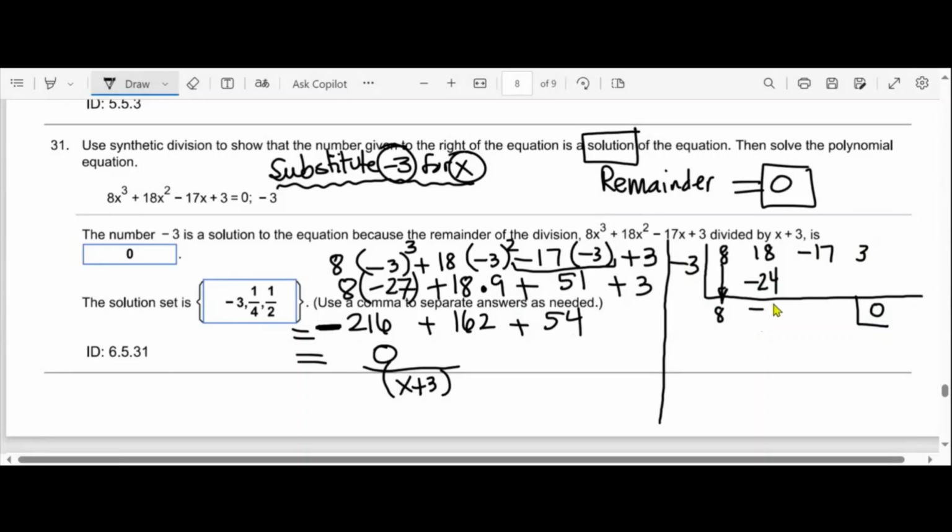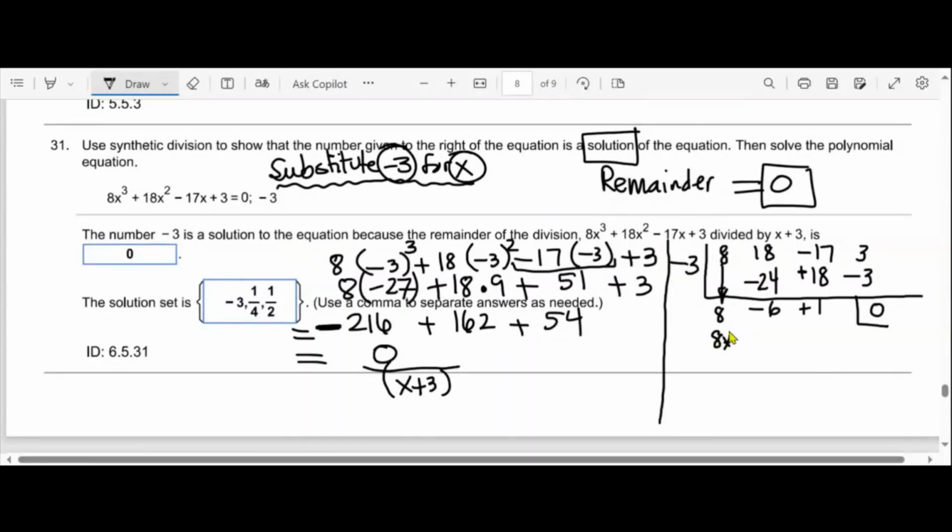Multiply. Minus 24. Minus 18. Add. Minus 17 plus 18 will give us 1. Multiply, plus 1, so 0.